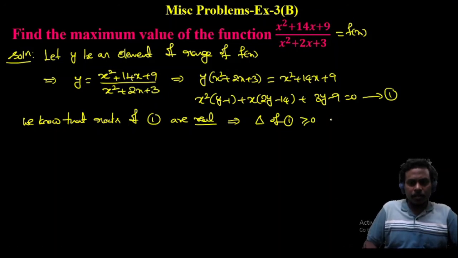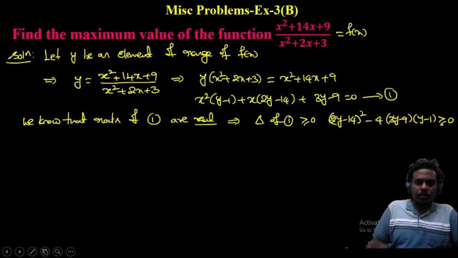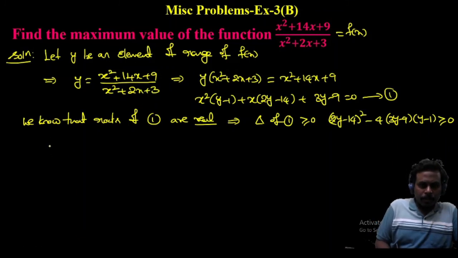So that is (2y minus 14) whole square minus 4 into (3y minus 9) into (y minus 1) is greater than or equal to 0. Okay, upon simplifying, let us simplify this.